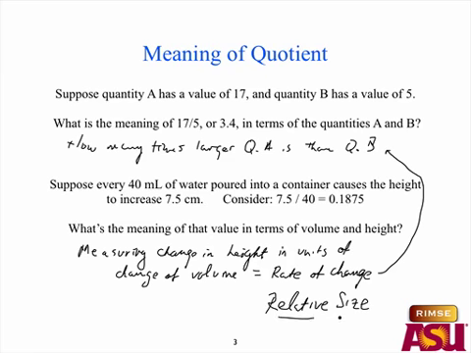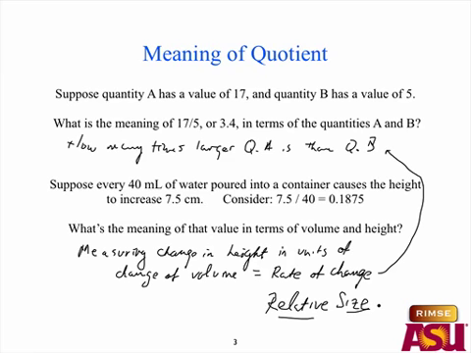Relative size. How large is this change in height compared to a change in volume? Compared to a change in volume, the change in height is 18% of that, or 0.1875 of that. So it's this idea that the quotient is relative size.